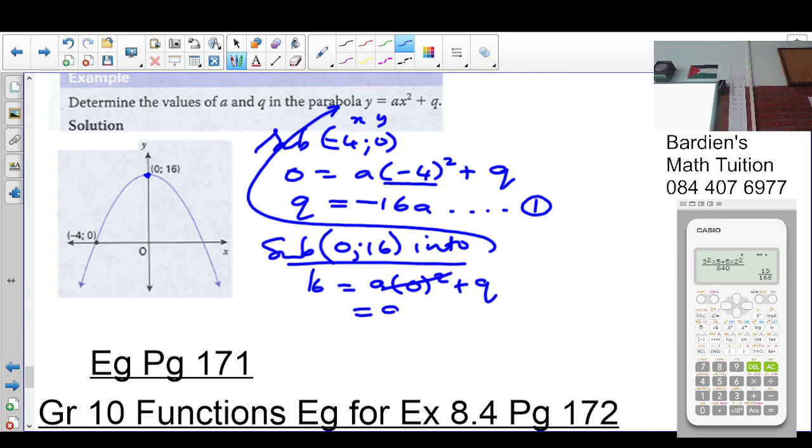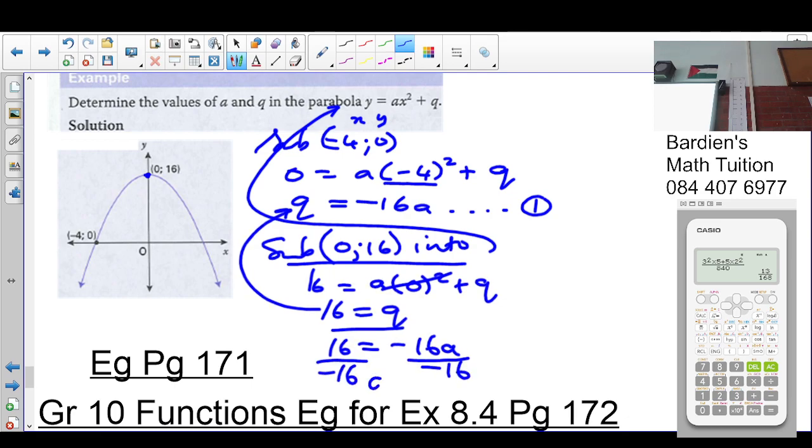So q is equal to 16. So what do we do now? Since q is 16, we substitute 16 in here. So 16 is equal to negative 16a, divided by negative 16, so a is equal to negative 1, which is the same equation I got earlier. Any other questions?